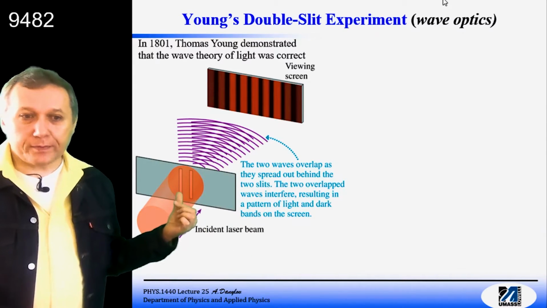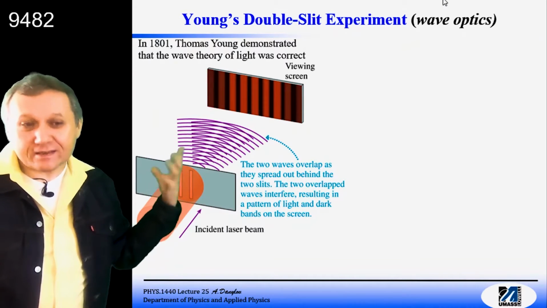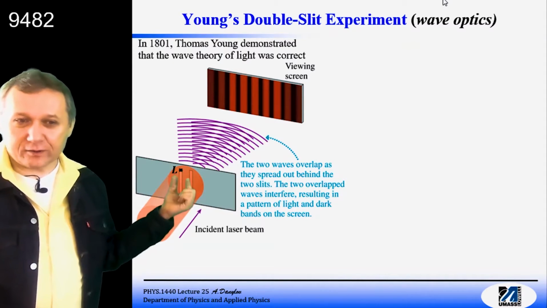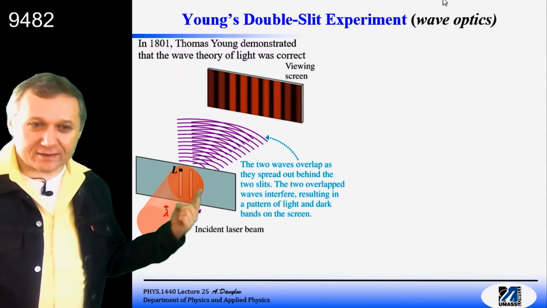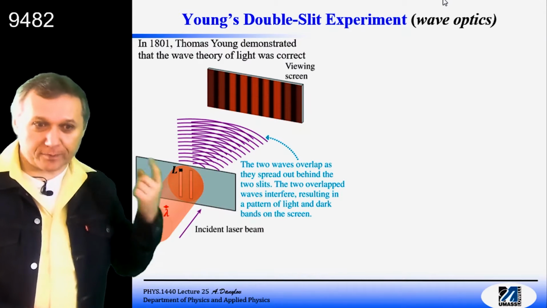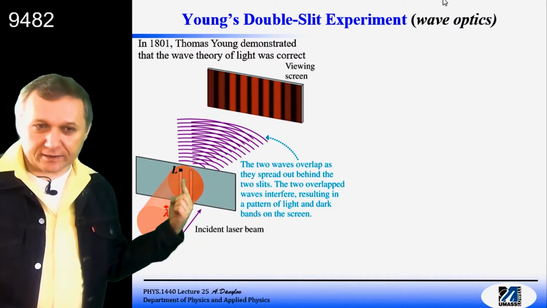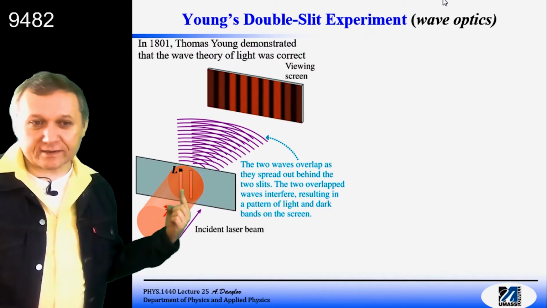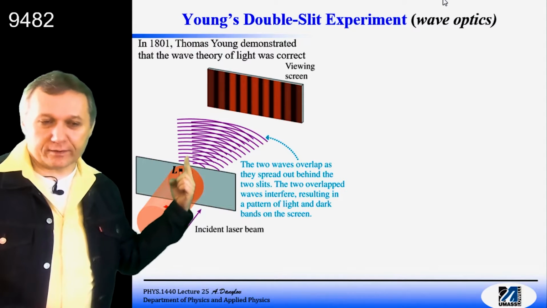Since the size of the slits, you see this L, is comparable to the wavelength, then, like in the previous slide we saw, there will be diffraction over here. After this opening, the slit will create a circular wave.